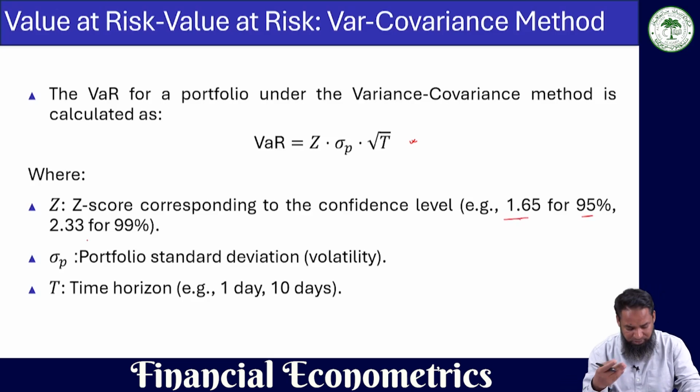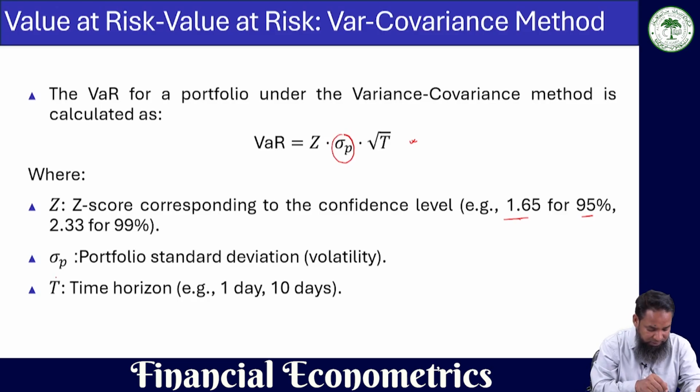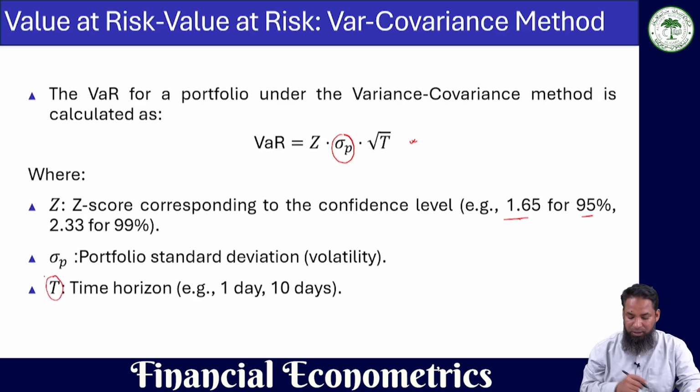These are values we can get from the normal distribution table. Sigma p is the standard deviation of the portfolio, and t is the time horizon or the holding period. So, using this particular formula, we can calculate the value at risk.